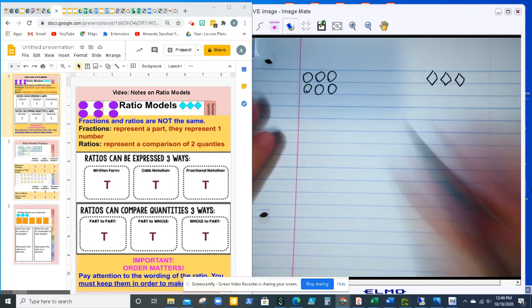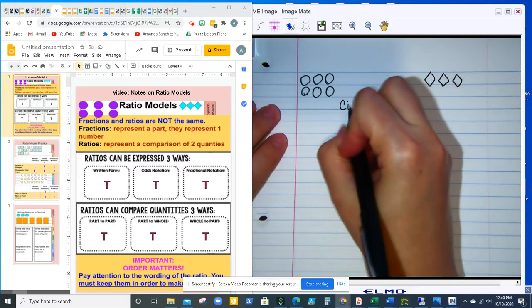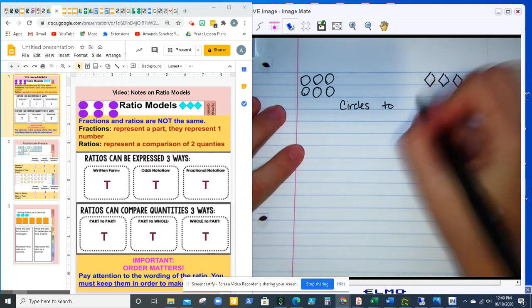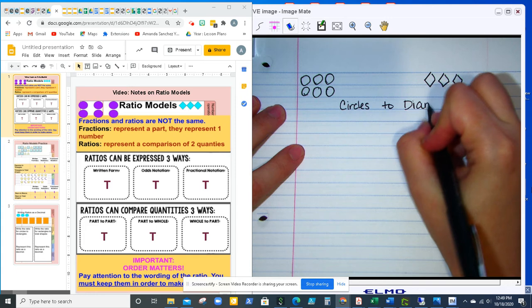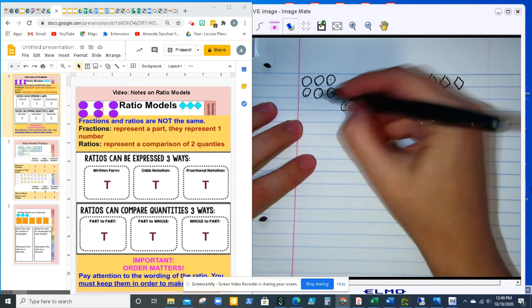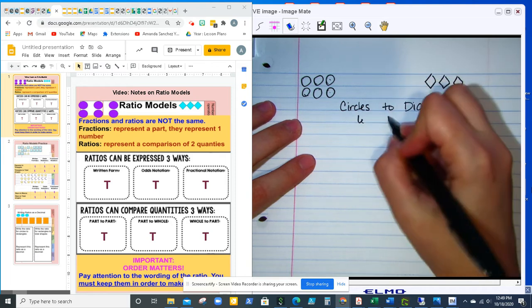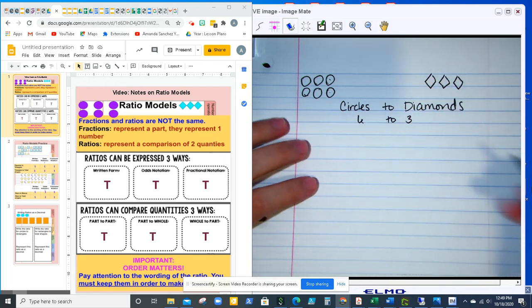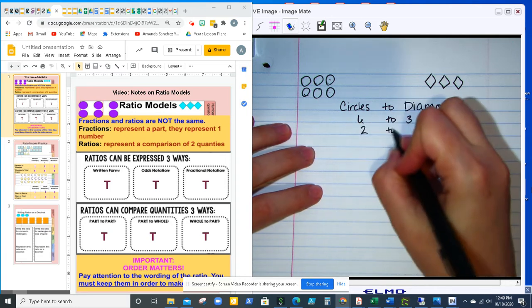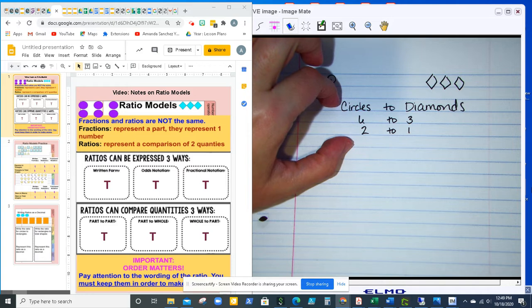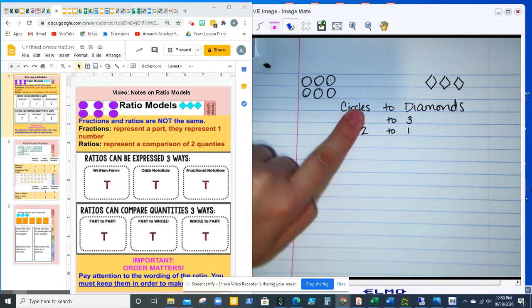So we would write 6 circles to 3 diamonds, or using the numbers, 6 to 3, which I could even simplify to 2 to 1. So this is all the same thing with the written form.